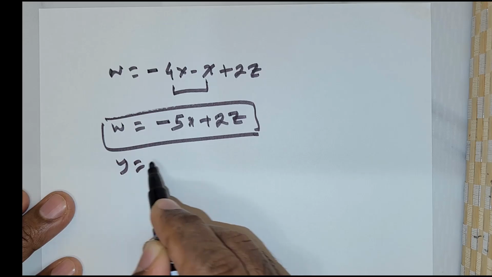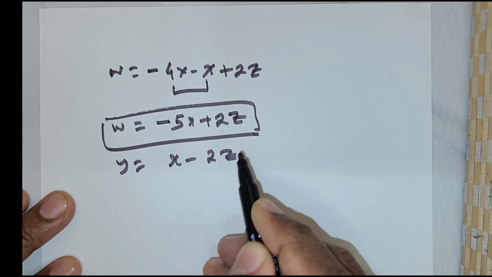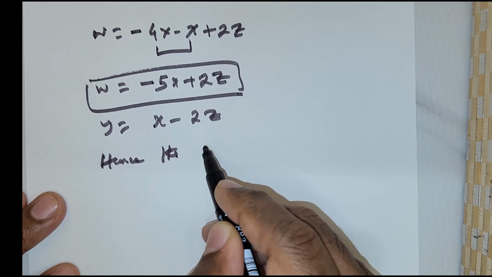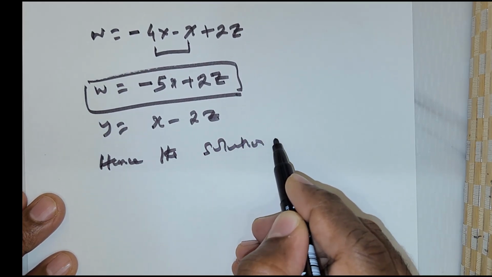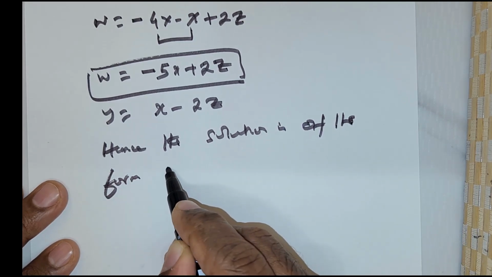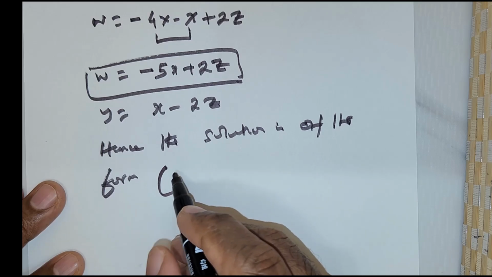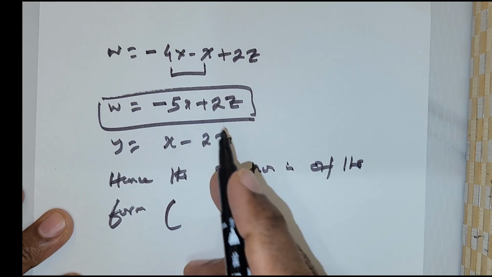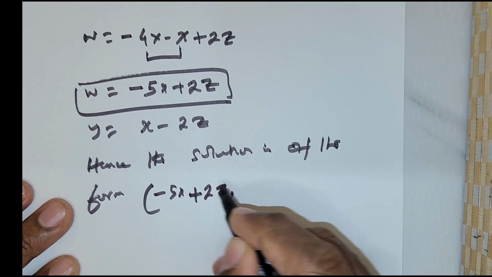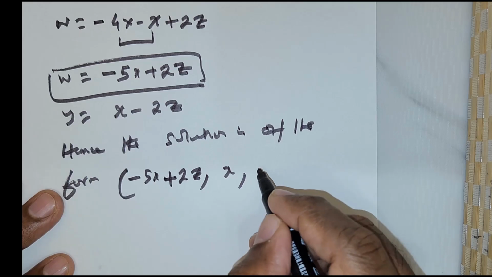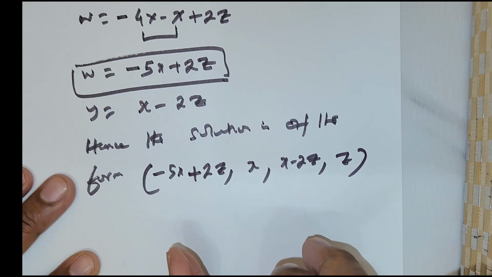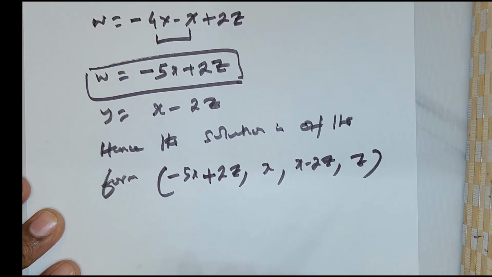Now already we have y. y is nothing but x minus 2z. So hence the solution is of the form: in place of w we would place negative 5x plus 2z, in place of x you just place x, then y is of the form x minus 2z, and then you have z. So this is the form of the solution.